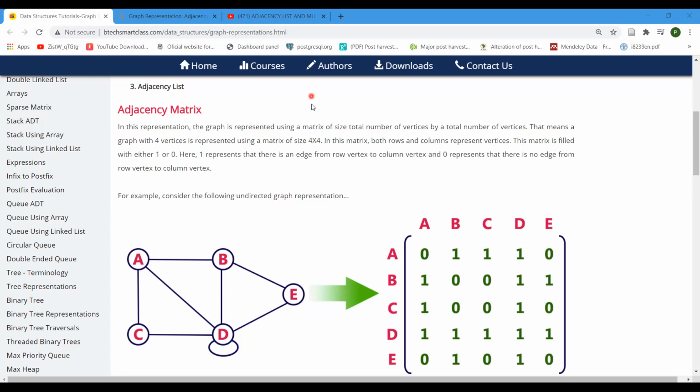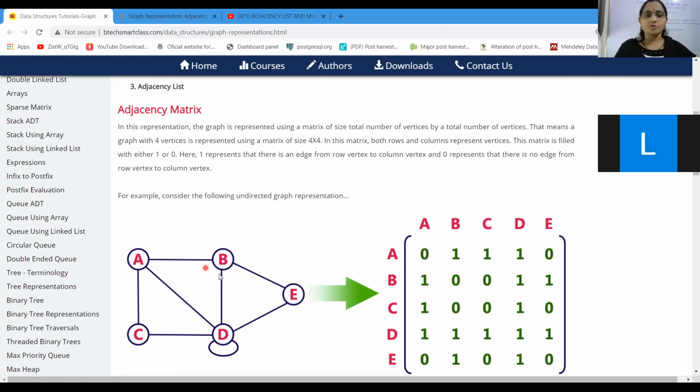Okay. See, this is the adjacency matrix, and I told you the definition of adjacency matrix, when you have to put 1 and when you have to put 0. So this is an undirected graph. Why is it an undirected graph? Because in this graph no direction is assigned.